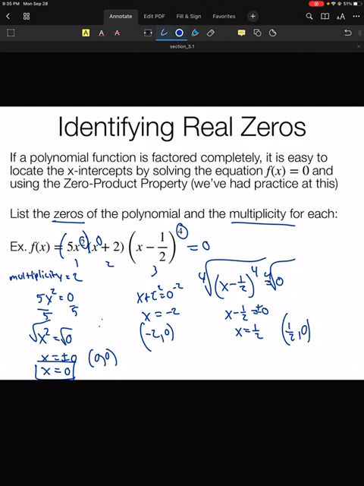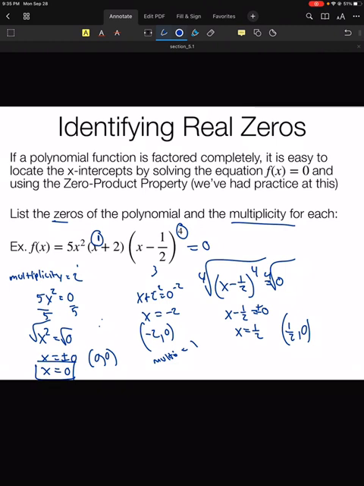Then we have negative 2, 0, and that, with the degree on that term, is really 1, so x to the 1st power, I'll just call it mult, is 1.